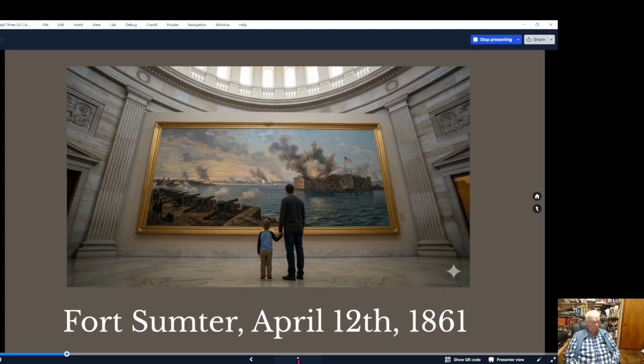And so what we're looking at here is Fort Sumter in April of 1861, and I'm accepting this as the first battle. Lincoln was elected in November of 1860.